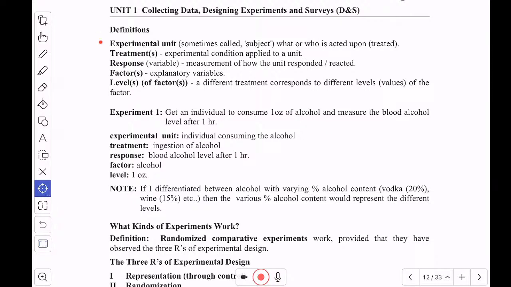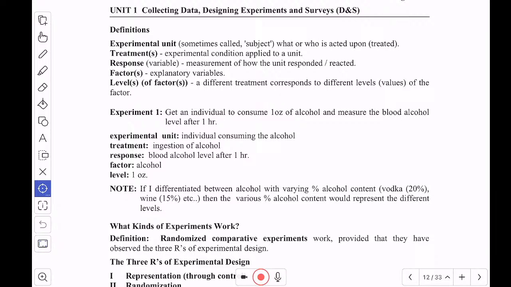There's the experimental unit, which is the subject that's acted upon. There are the treatments, which are the conditions applied to the unit. So this is the intervention used. The response variables are clear, they're measurable. We refer to the explanatory variables broadly as factors. So there could be one, there could be many. And then each of those factors could have different levels. All right, and we'll get into that.